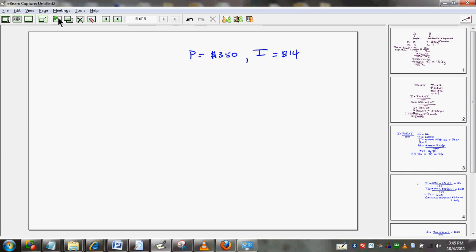So, if he invested this for a time of 1 year, then let us calculate what the rate percent per annum was. By using our simple interest equation, we could write $14 is equal to the principal, 350, by the rate, which is unknown, by the time, which is 1 year, over 100.